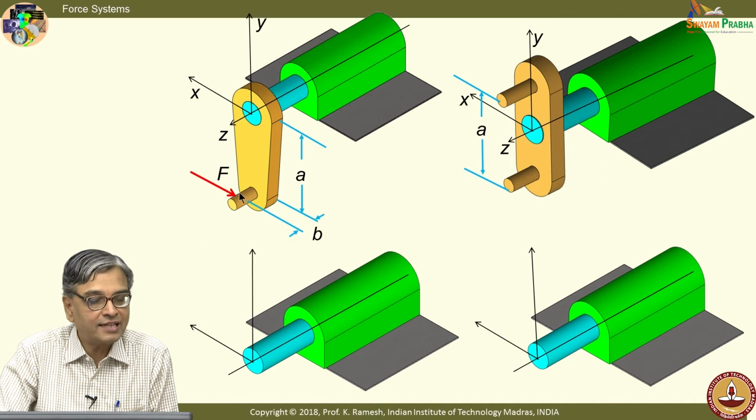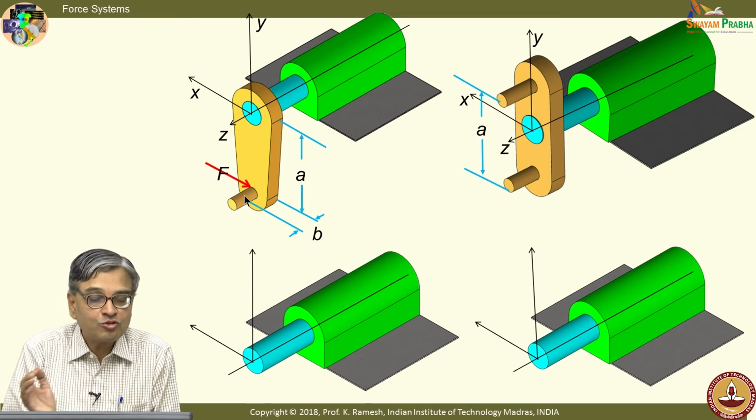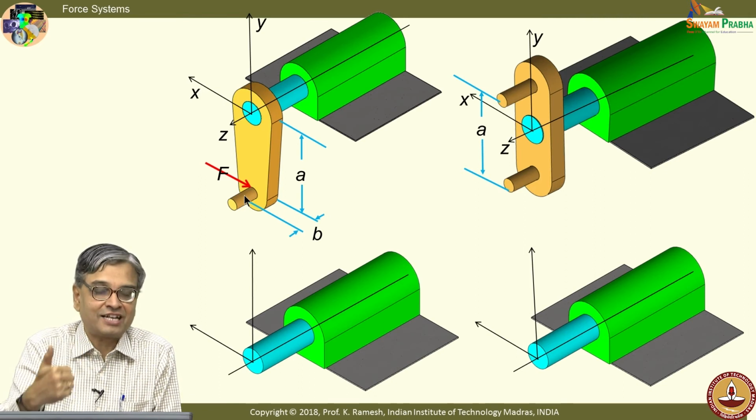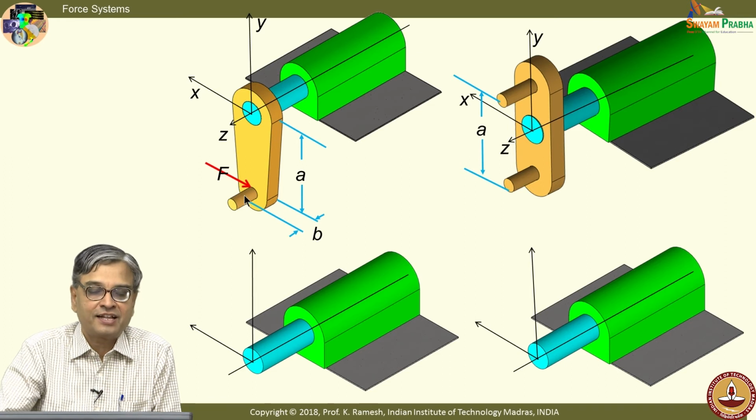I am also going to take this separately in the next slide, but we will see this in the context of the couple force system, so you will understand it better. When I move this force this way, what would happen? It will also provide a rotation. That will become clear in the next slide.